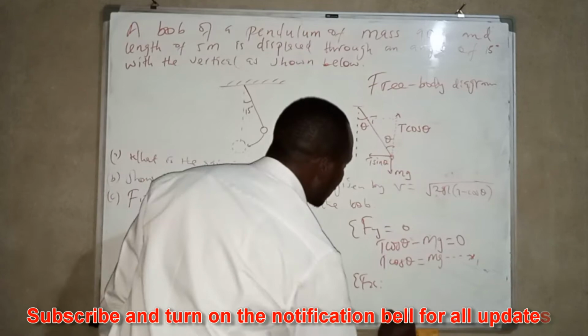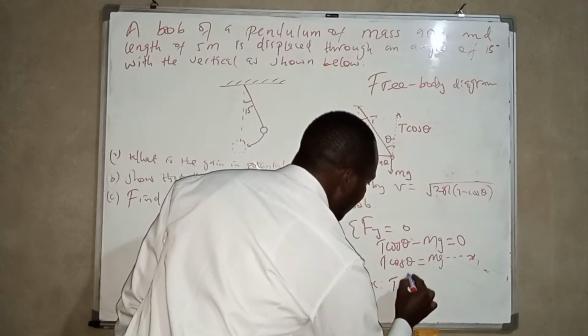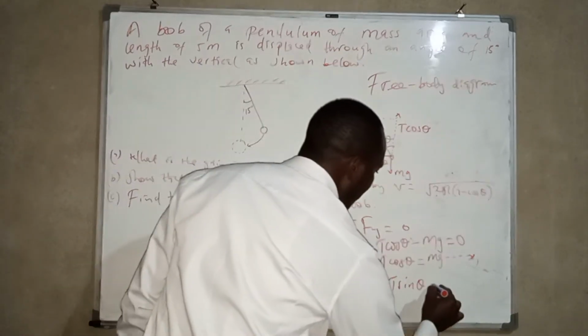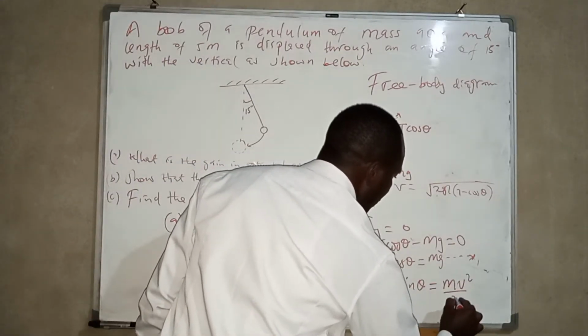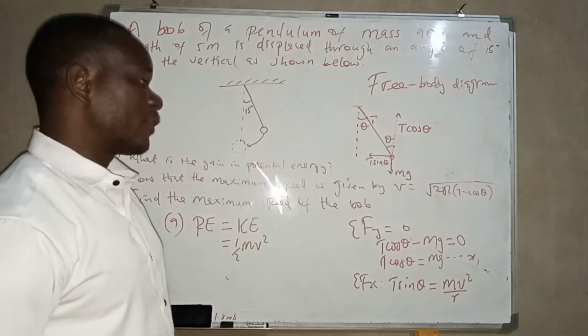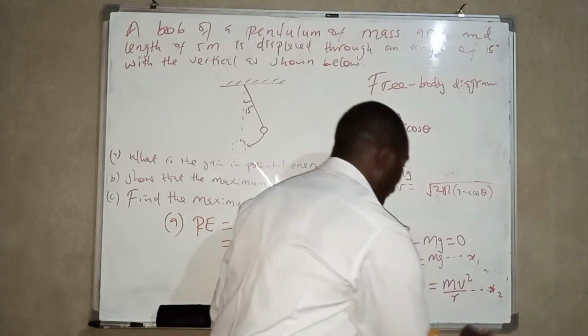We are going to have T sin theta must be equal to the centripetal force, which is mv squared over r. We can call this asterisk 2.